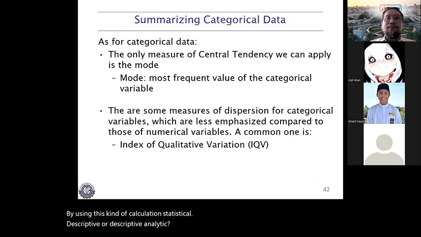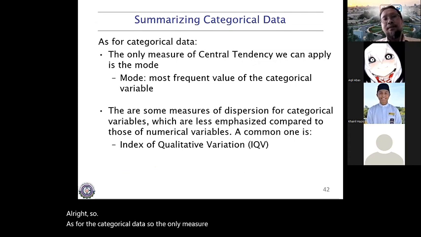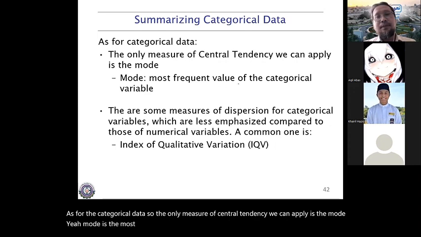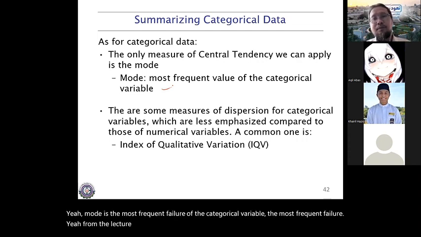Right. As for the categorical data, the only measure of central tendency we can apply is the mode. Mode is the most frequent value of the categorical variable. From the lecture, as I mentioned before, the mode can be more than one, right?